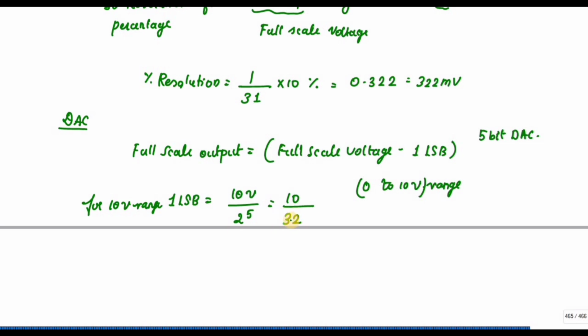What is 10 divided by 32? Approximately 0.3125, that is equal to 312.5 millivolt.